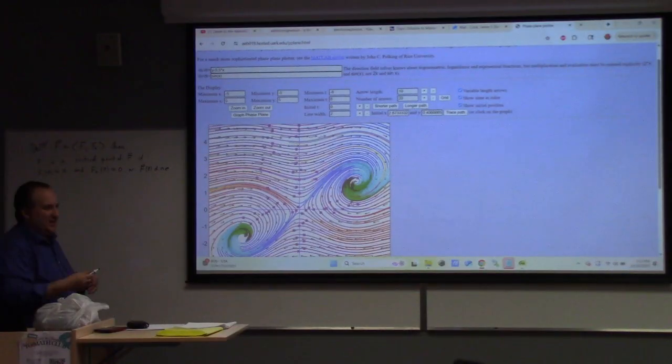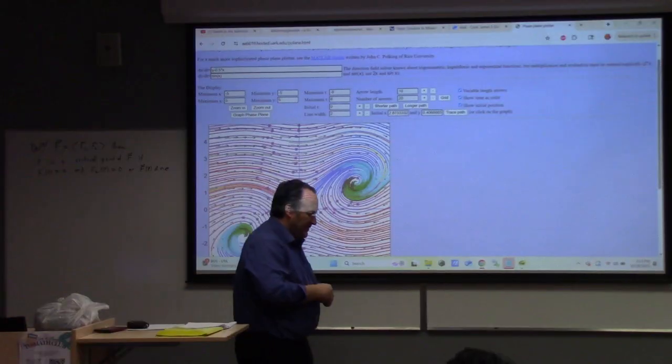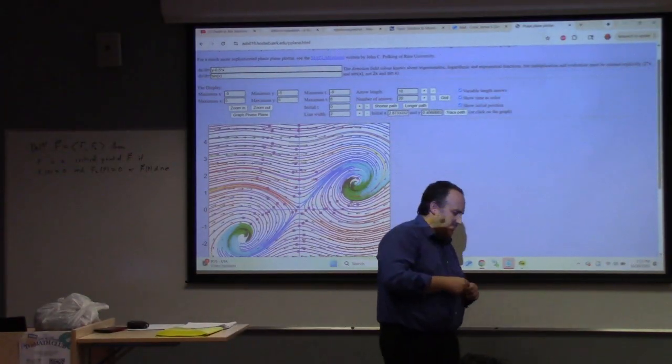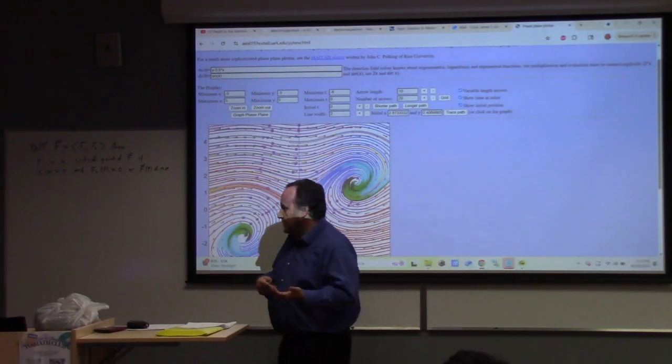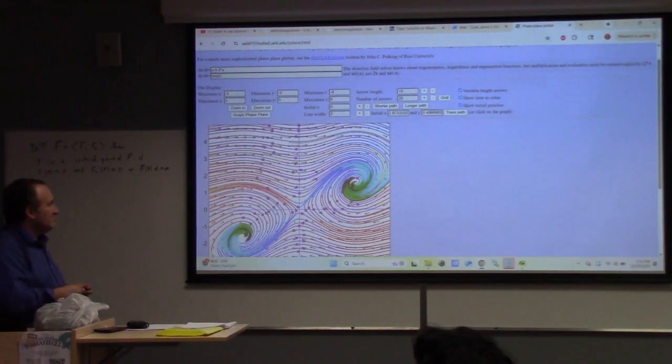That probably should be accounted for as a critical point as well, I think, in the larger scheme of things. But for the most part, let's be talking about vector fields where the component functions are defined.